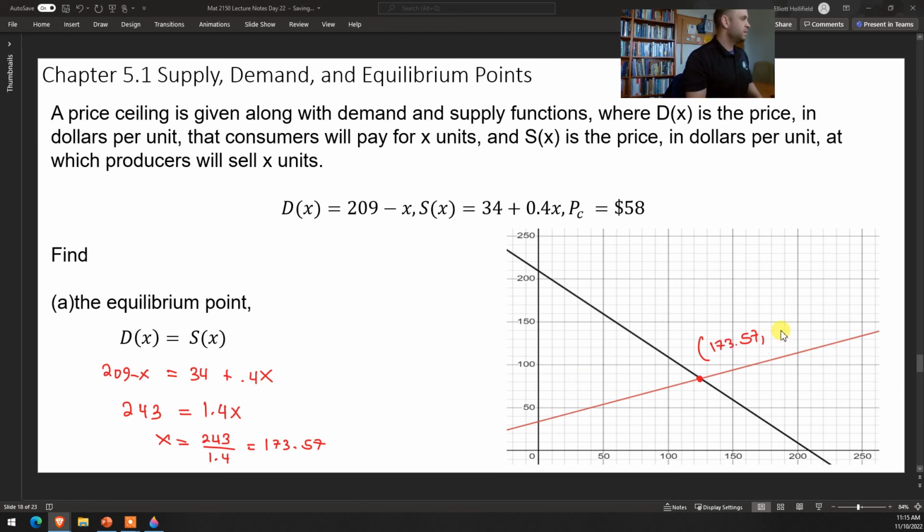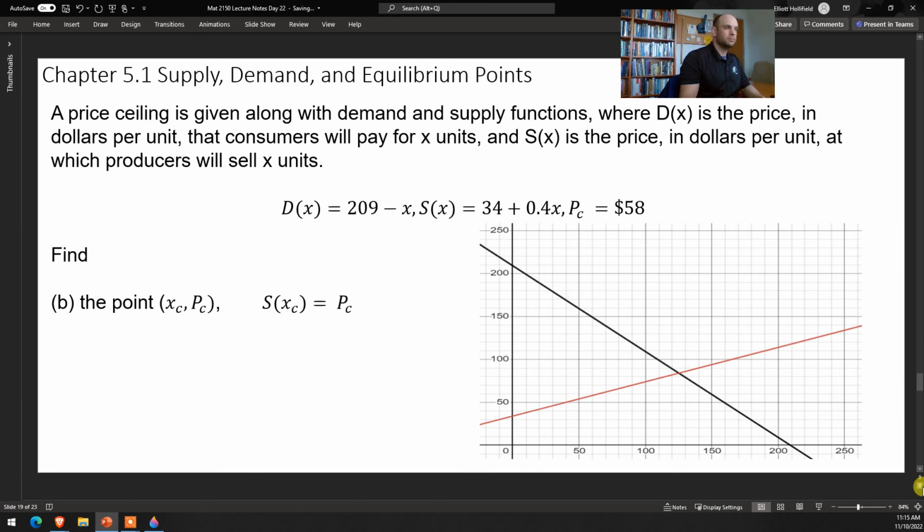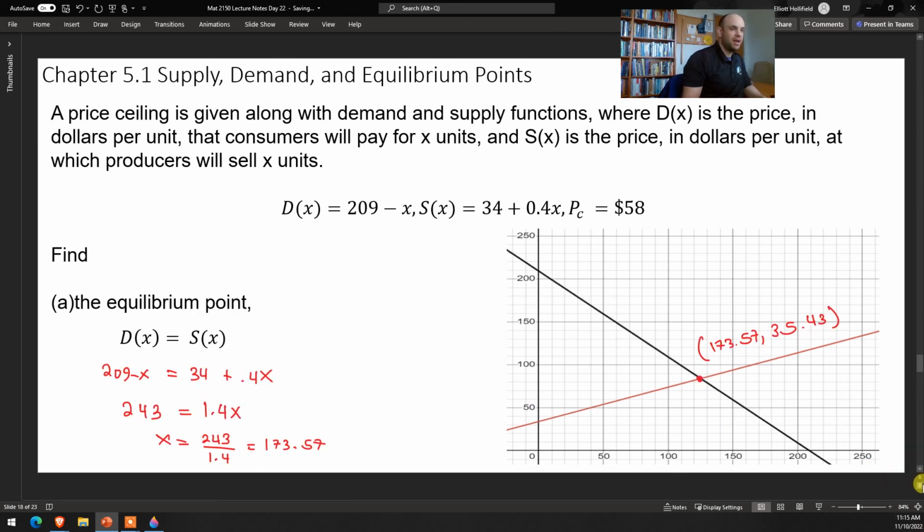That gives us 35.43. And now let's find the point which corresponds to our price cap.